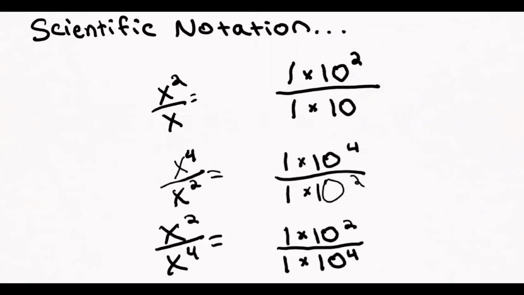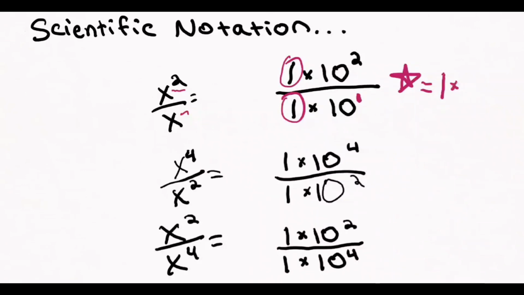So let's do these division problems for scientific notation. This is just like x to the 2 over x to the 1. On this first one, we have 1 times 10 to the second divided by 1 times 10, and it's an invisible 1, right? Well, first we're going to divide the regular numbers. 1 divided by 1 is 1.